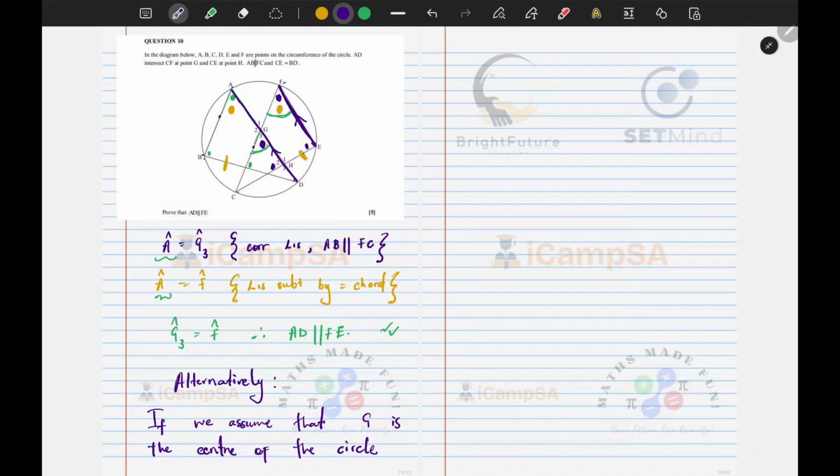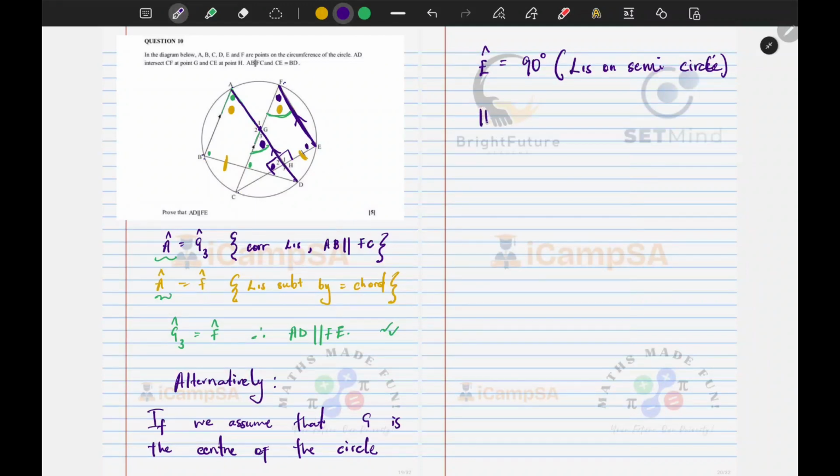Then, because G is the center, a line from the center bisects the chord. That means your H1 and H2 are going to be equal to 90 degrees.